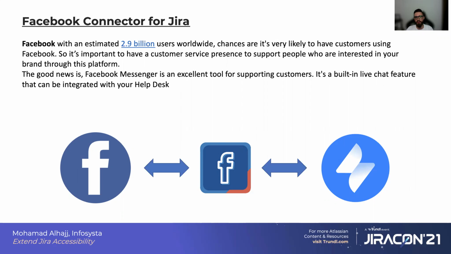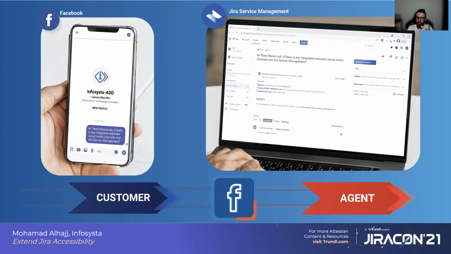So we can see here that whenever the user clicks on contact us and sends a message through Messenger, this message will be transformed into a ticket in Jira, and the agent will be able to view all the details about the Facebook user who reached you, about the Facebook message itself, if it is a direct message or a support ticket, something like that.